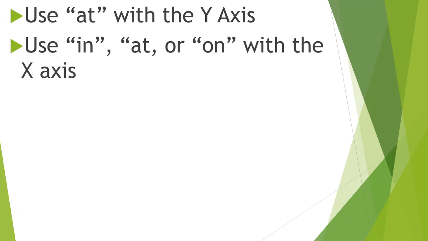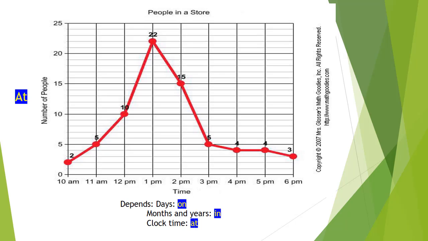How about the x-axis? Well, the x-axis, as you see here, in all line graphs always deals with time. So if it's about days, you use on. If it's about months and years, you use in. If it's about clock time, like hours, you use at.